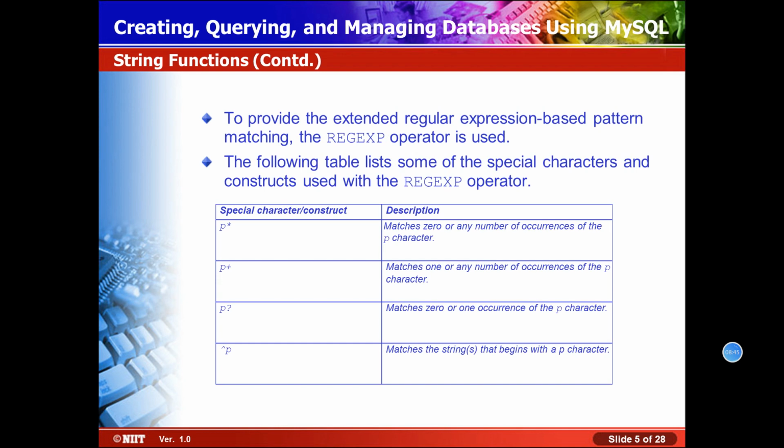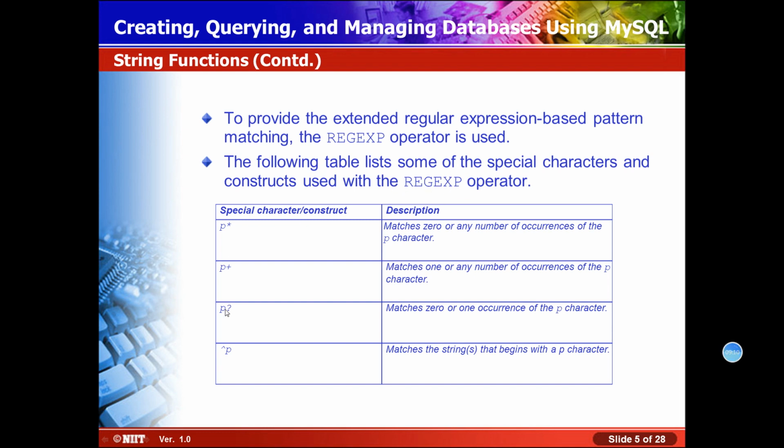The next topic is pattern matching, to provide the extended regular expression based pattern matching. So if you want to do some search based on pattern, then you can use an operator called REGEXP. You need to remember this operator, REGEXP.